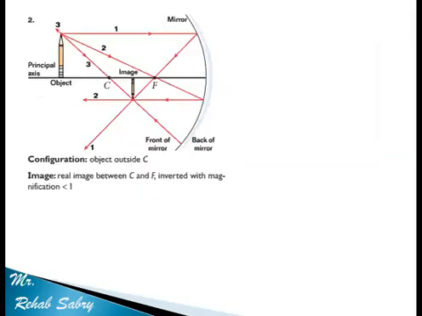Here the object becomes closer, but it is outside C. Outside C means the distance between the object and the pole P is more than 2F, because this is F and this is 2F, and the object is here. These descriptions are very important.